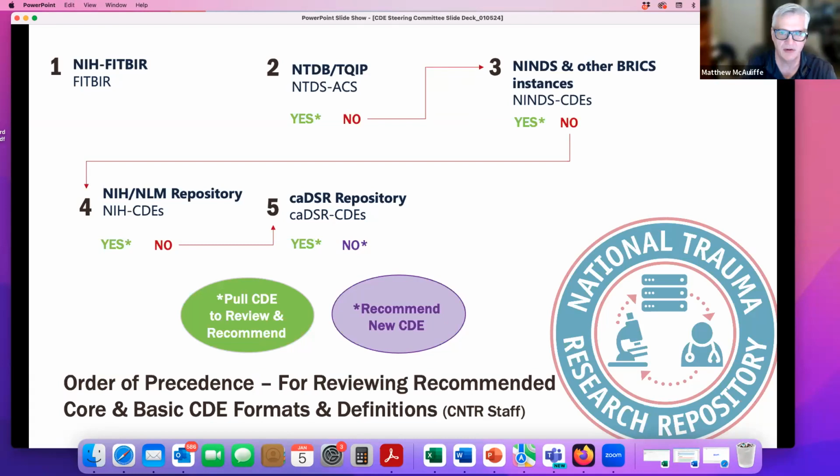So she is a good resource to help you figure out if there are data elements that already exist, and if not, how to build new data elements. My 2 cents. I left her off the slide because her name was going to be under number 1, number 3, number 4, number 5, and I thought it was overkill. But yes, she's our go-to resource for all of that.